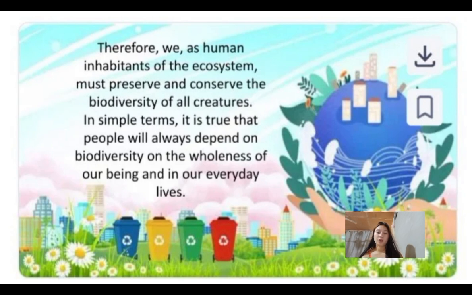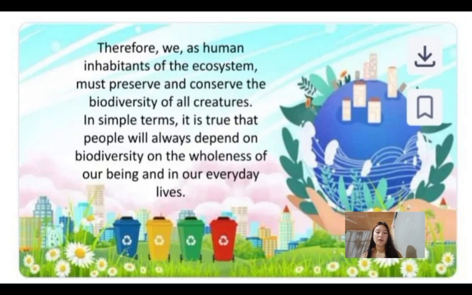Because we are part of nature and live in an ecosystem along with animals, plants, and other living things, we must take care of all life forms. Protecting and saving biodiversity means keeping all kinds of living things safe, because humans depend on them for everything: the food we eat, the air we breathe, the water we drink, the medicine we use, and even the clothes we wear.